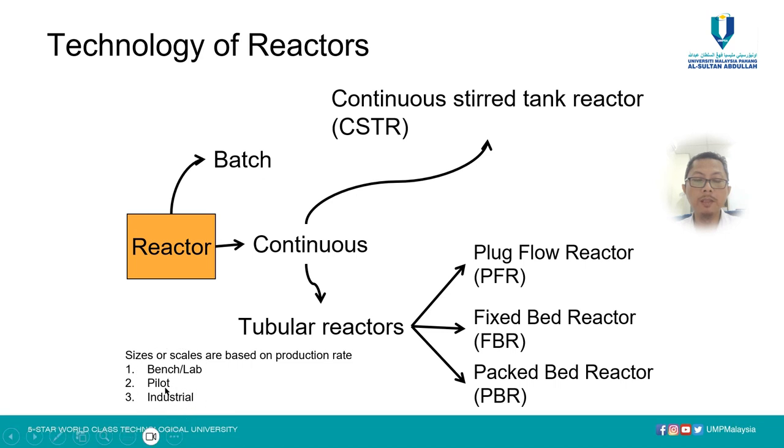The purpose of using pilot scale is to study the mixing and mass transfer limitation to the reaction. Finally, it will be industrial scale, depending on the size of production. So the size will be so big for a particular production.